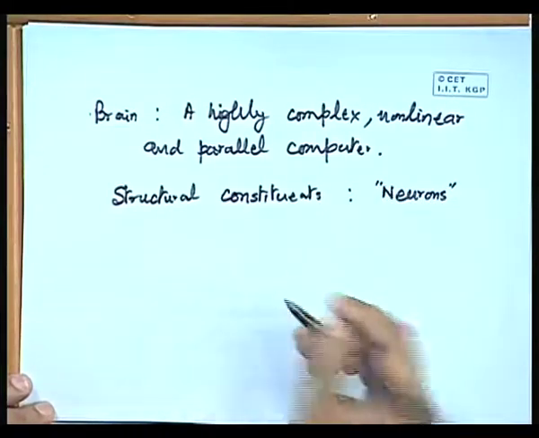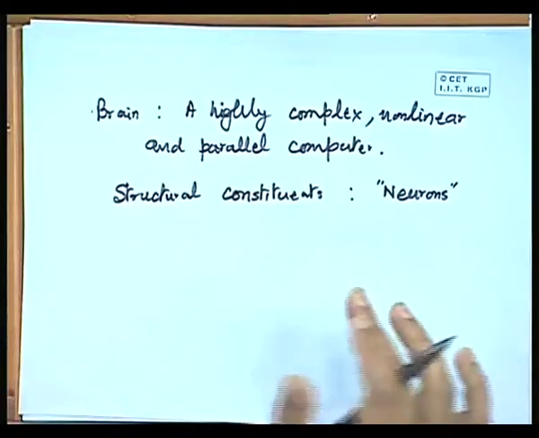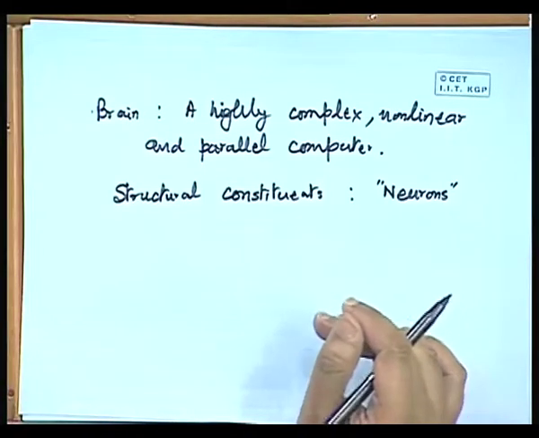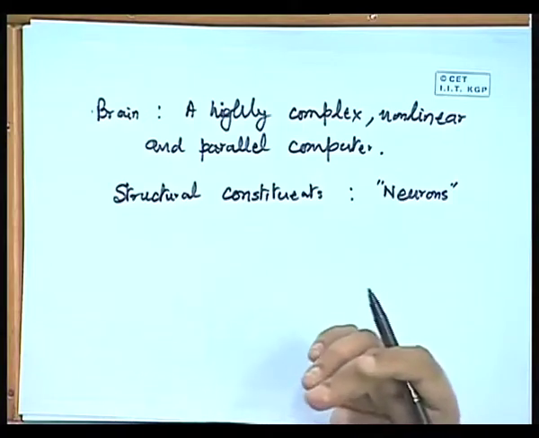The neurons are interconnected not in a very simple way but in a rather complex way, so complex that many things we do not know yet.